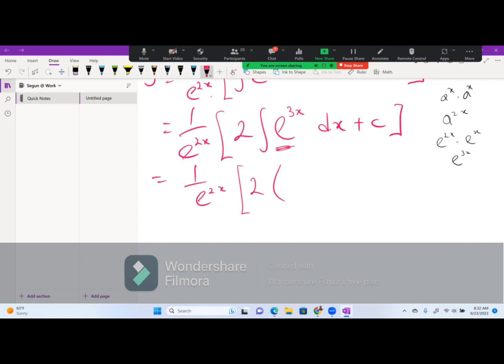Let me just quickly remind you, recall that when you are integrating exponential x, you have exponential x over 1, which equals exponential x.